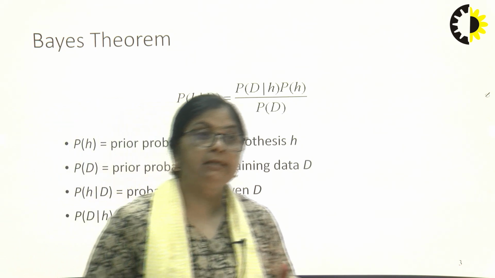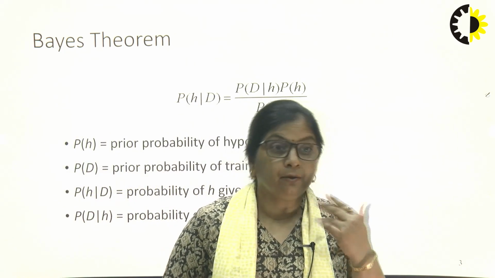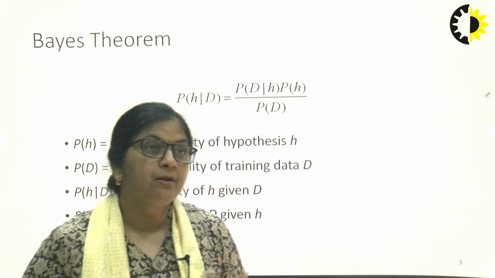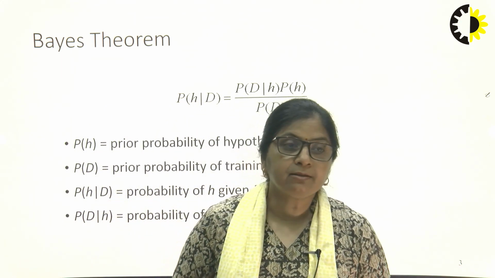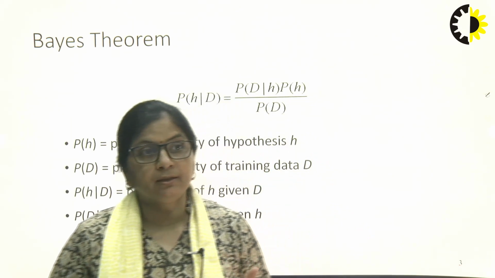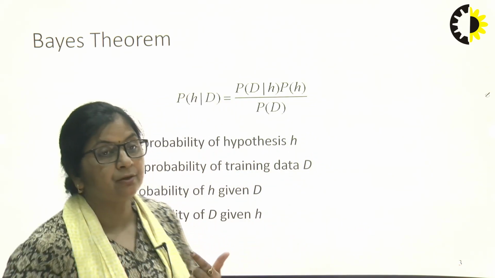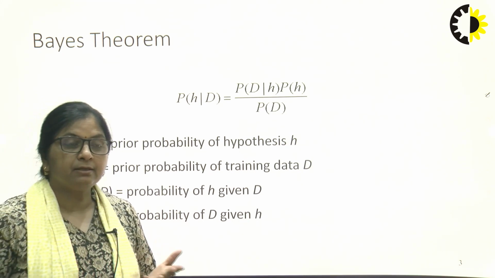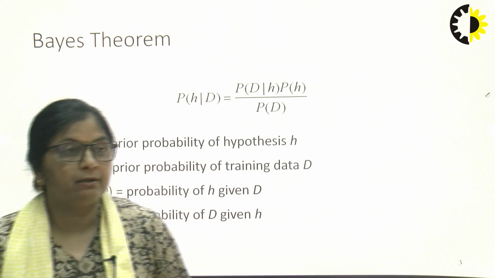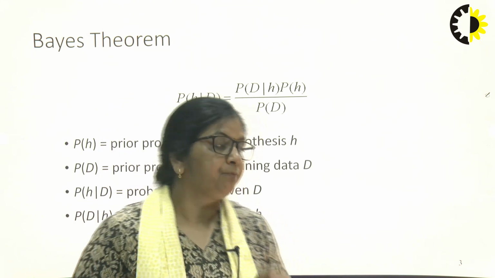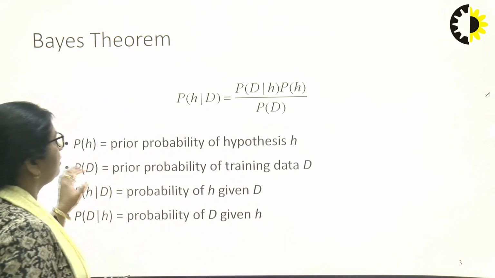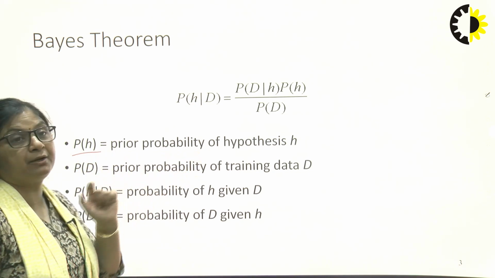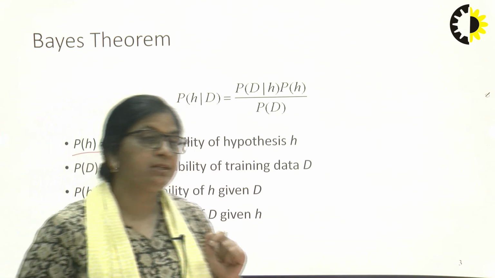Probability is the calculation of the chances of an event happening. When we are calculating something and no other information is given before that, that is our prior probability. For example, the prior probability of hypothesis H. What is hypothesis H?